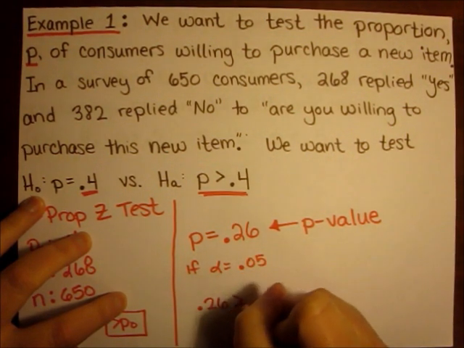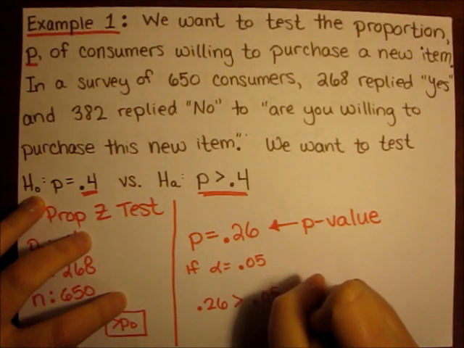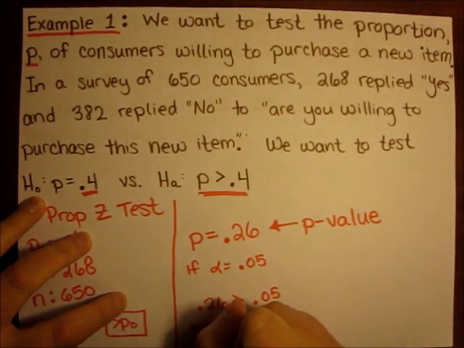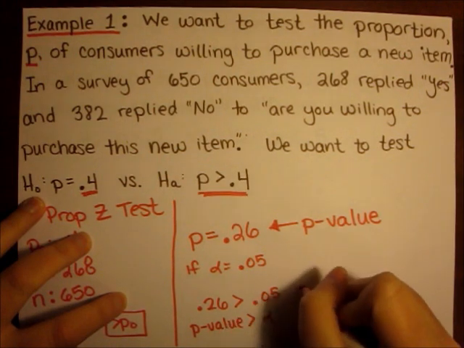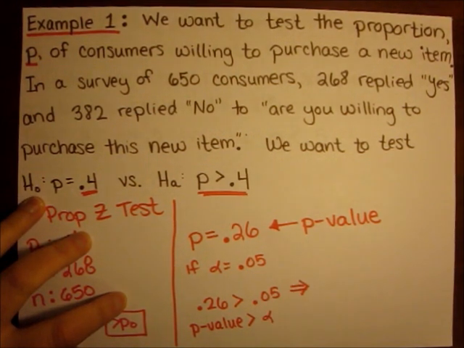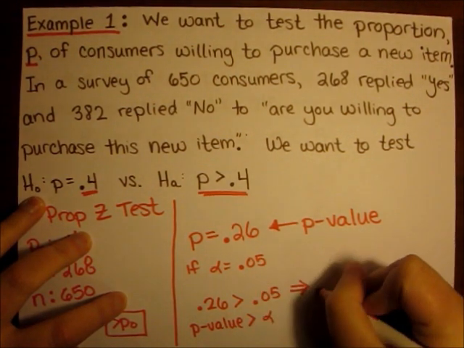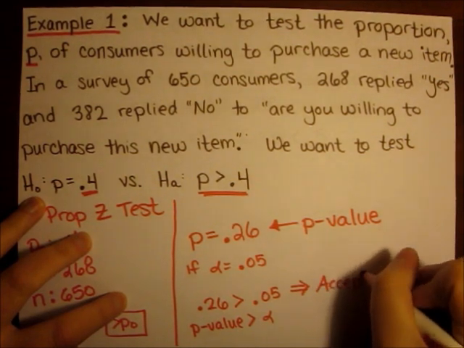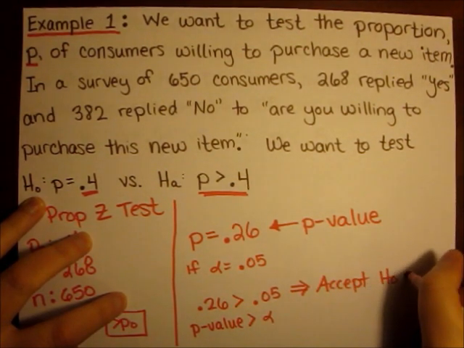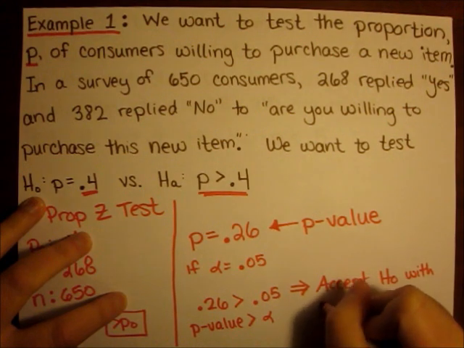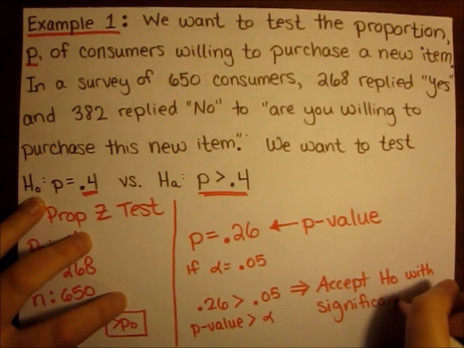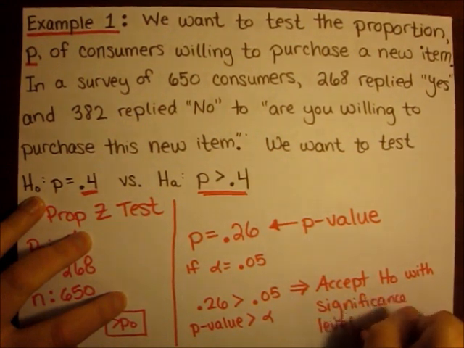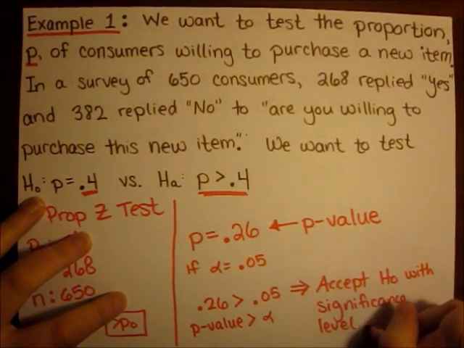I know 0.26 is bigger than 0.05, so my p-value is bigger than alpha. Whenever the p-value is bigger than alpha, I accept the null hypothesis with significance level of whatever alpha is. In this case, alpha is 0.05.